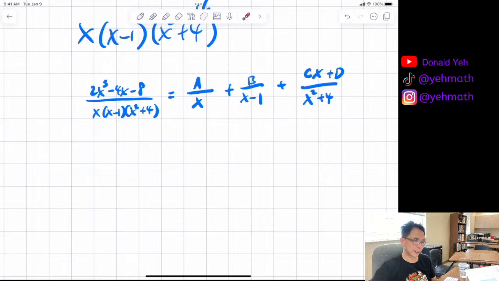It's really easy to find A, B, but C and D you probably have to use a system of equations.